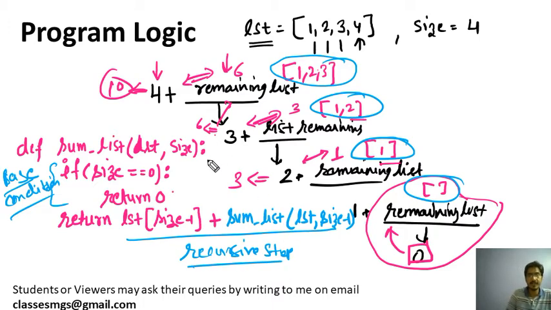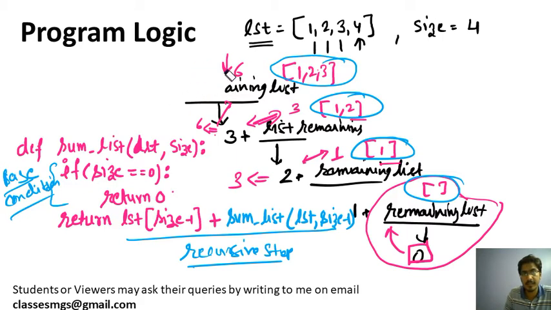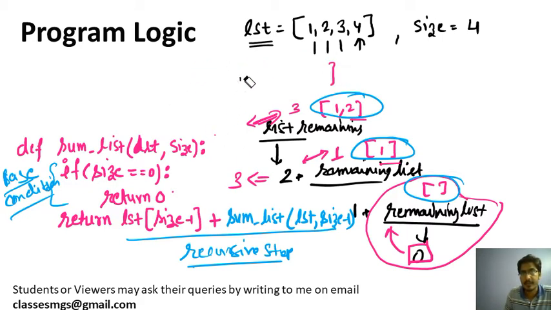Okay, we will see this example again by taking this input only, so that the concept gets cleared. Let me rough this out and we will see how this recursive step is going to work with this code. Then we will write the Python code.